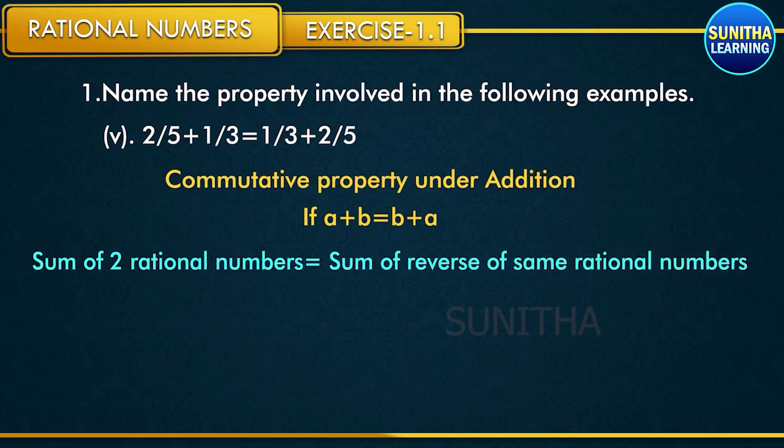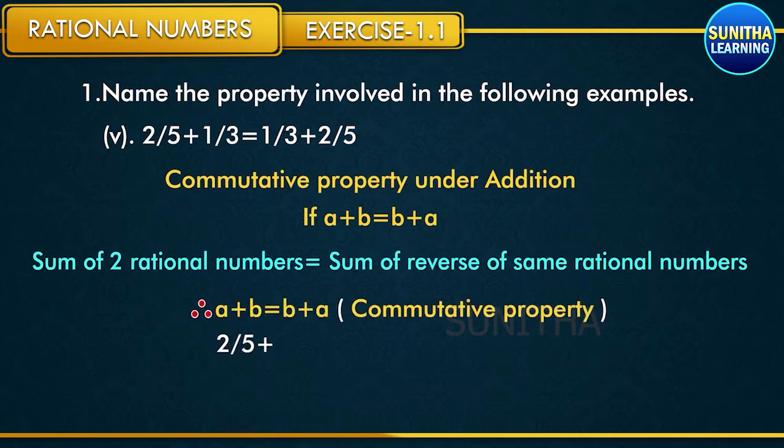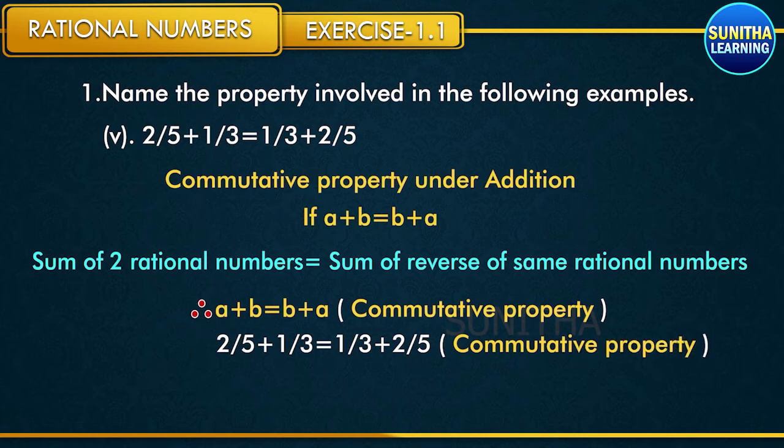That is the commutative property under addition. That is a plus b is equal to b plus a. It means the sum of two rational numbers is equal to the sum in the reverse order, like a plus b is equal to b plus a. Even if we change the order, the resultant value on both sides of the equal sign is the same.